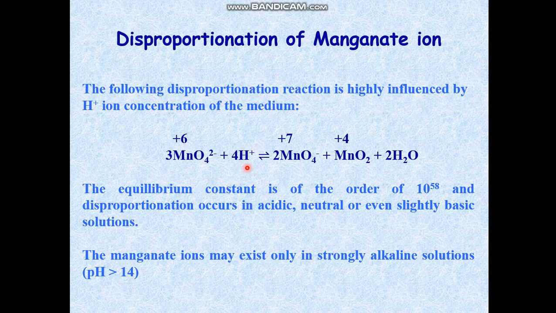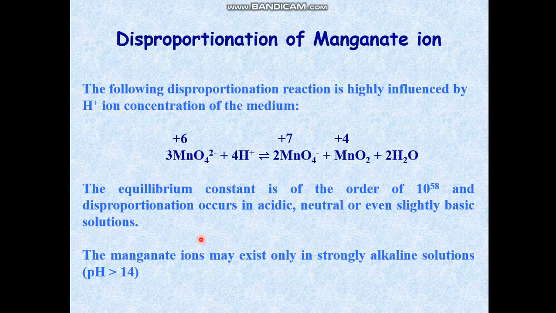Sometimes it takes place in a simply neutral solution, and in some cases even in weakly basic solutions also. You can isolate the manganate ion only when it is present in strongly alkaline solution where the pH is greater than 14. pH greater than 14 means the concentration is definitely more than 1 mole.